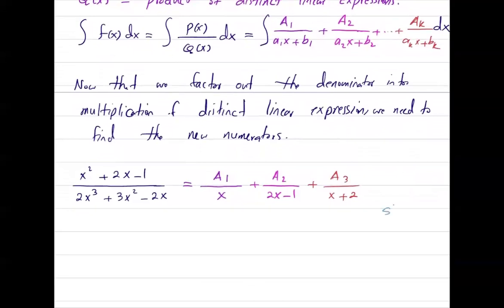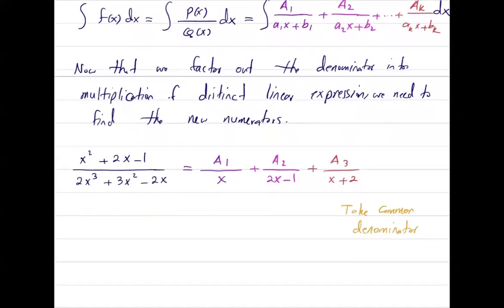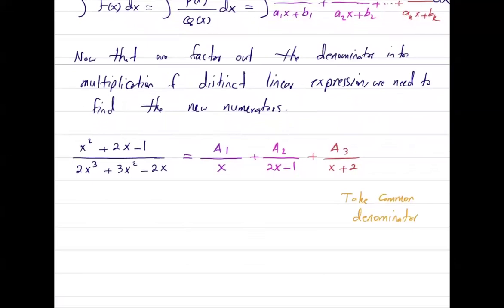In applying the shortcut, first make sure that you take the common denominator between these. So let me show you. Take common denominator, and set the numerators equal to each other. So what do you have? You have x squared plus 2x minus 1 on the left-hand side.